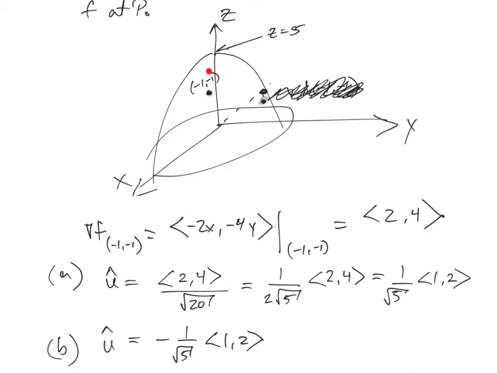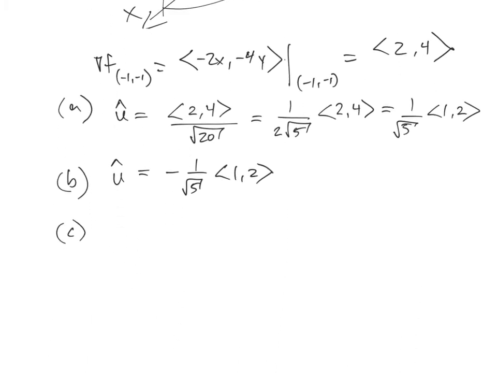How many directions can I go and not go uphill or downhill? 2, right? I can either go around the hill this way, or I can go around the hill this way. Remember, I'm on the back side of this thing, okay? So I know I'm looking for 2 directions, right? I can either walk this way right across the side of the hill, or I can walk this way right across the side of the hill and not go up or down. So I'm looking for 2 directions, I know that.